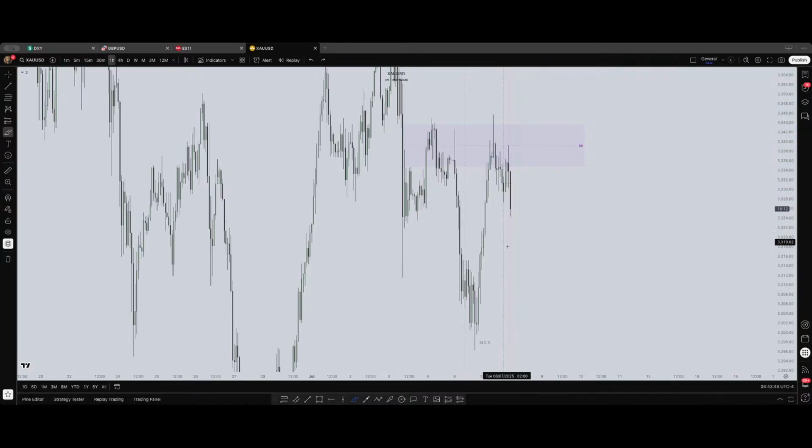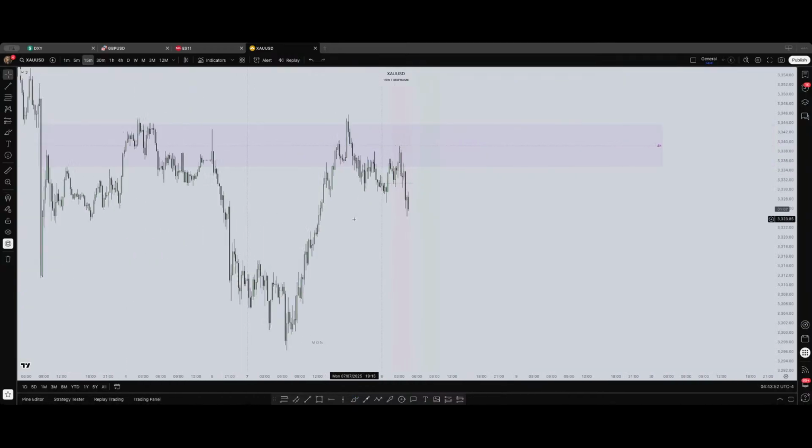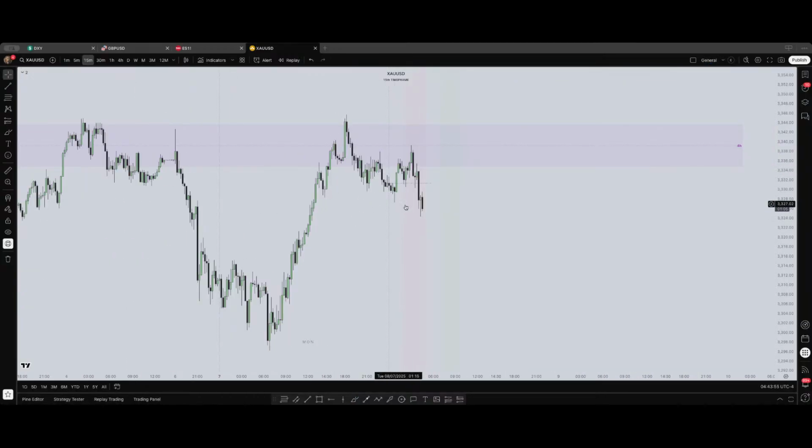We have these lows, which price is grabbing the liquidity from. These are relative equal lows.